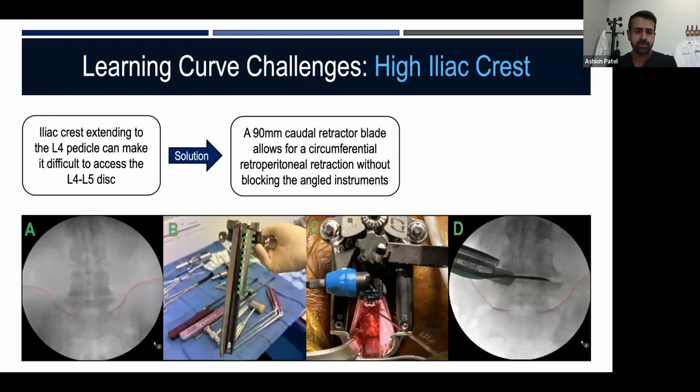And that small blade would be on the pelvic side. That combined with the glove technique, and then that fourth blade coming in ventrally, would give us that safe working corridor like you can see in figure C. And if you have a short blade on the pelvic side, you can see in figure D that the angled instruments work more effectively.